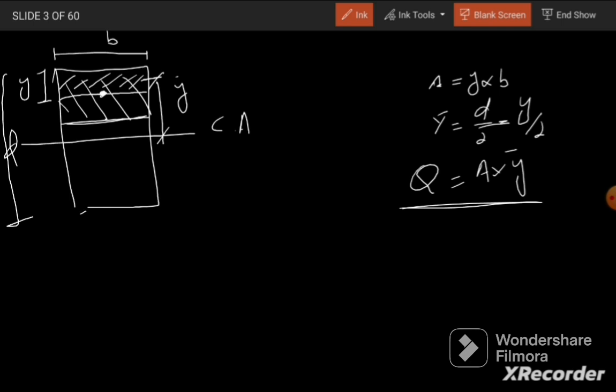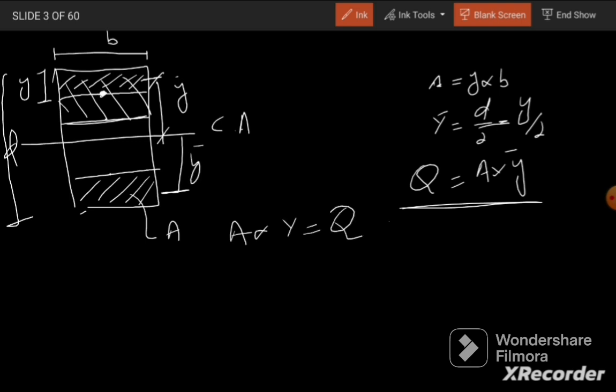Similarly, at a point near the bottom, we need to consider this much area. So this area A times the distance of its centroid up to the centroidal axis of the whole section, A times Y bar, will give us Q.